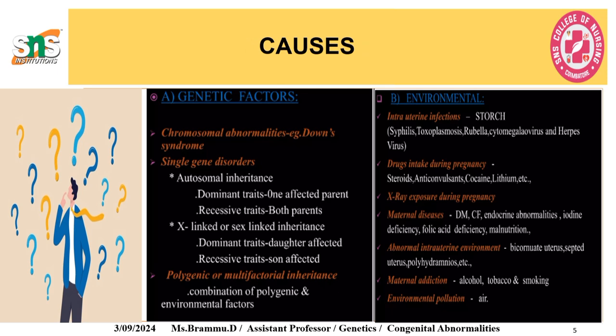Now, what can be the major etiology behind these congenital deformities? As we saw earlier, it is due to either genetic factors or environmental factors. Genetic factors include chromosomal abnormalities, single gene disorders such as autosomal or recessive trait disorders, or multifactorial inheritance, a combination of polygenes and environmental factors contributing to both.